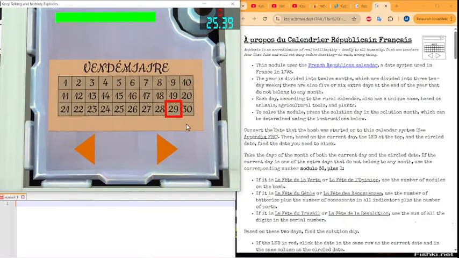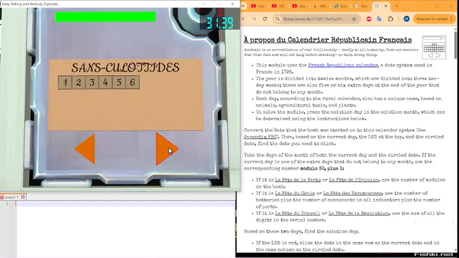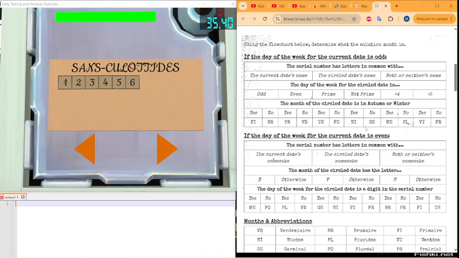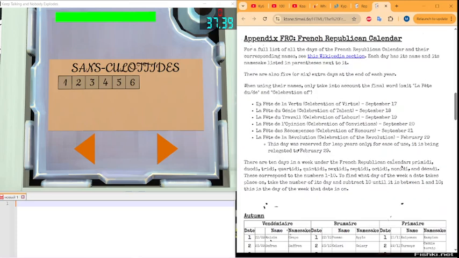12 of them have 30 days. The 13th odd one out month has 6 days, and it says in the manual here what these days map to.